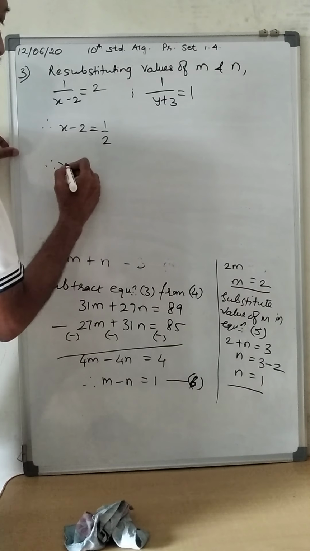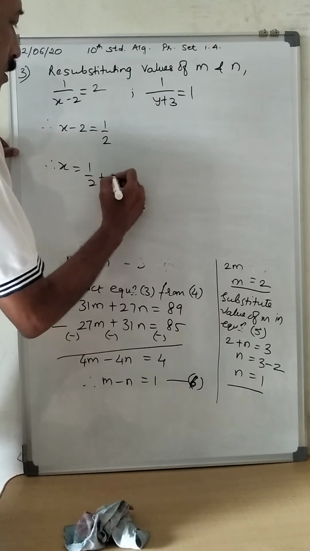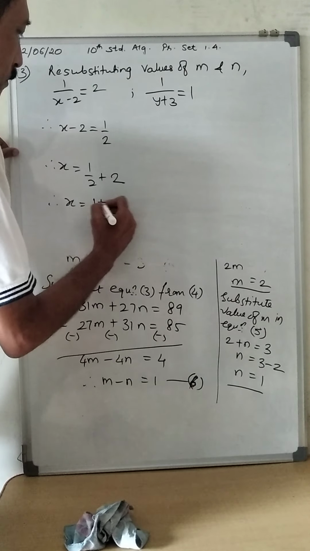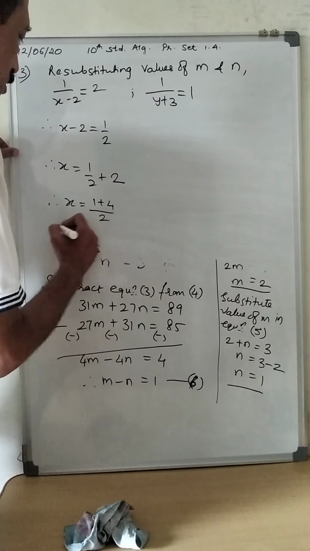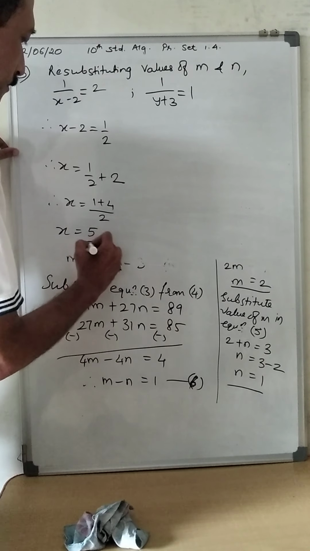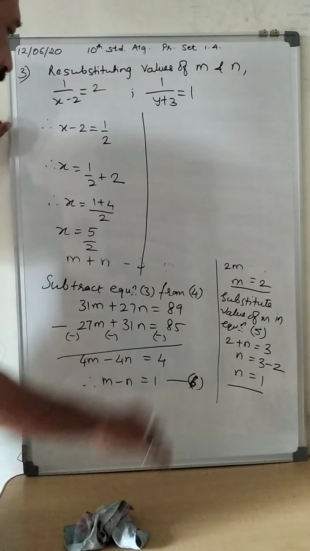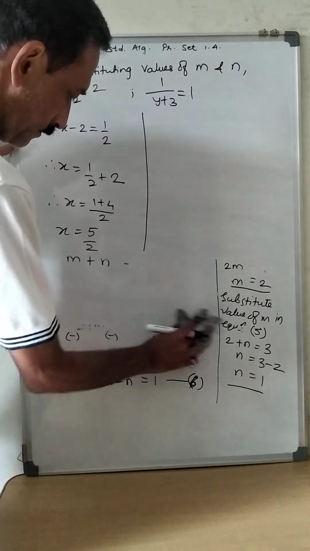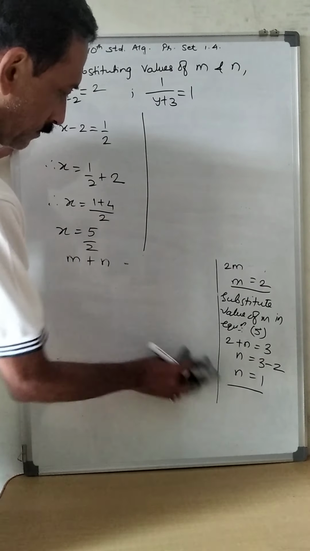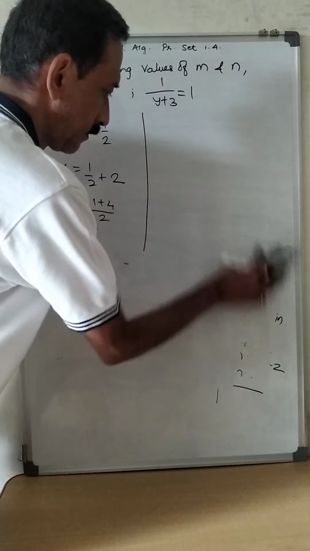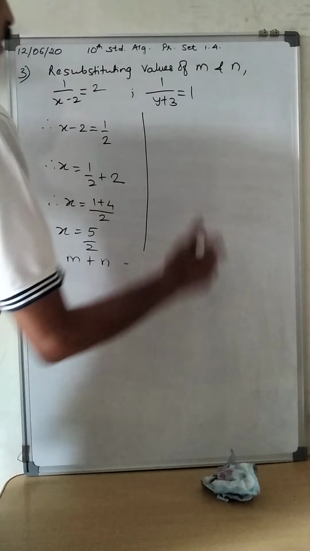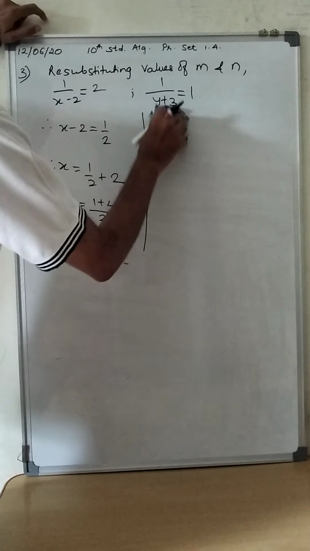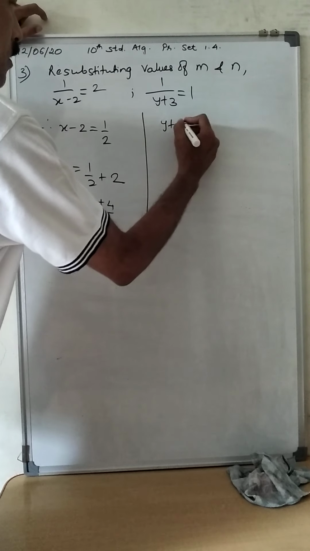So therefore x is equal to 1 upon 2 plus 2. So x is equal to 1 plus 4 upon 2. So x is equal to 5 upon 2. And taking the reciprocal, we get y plus 3 is equal to 1.